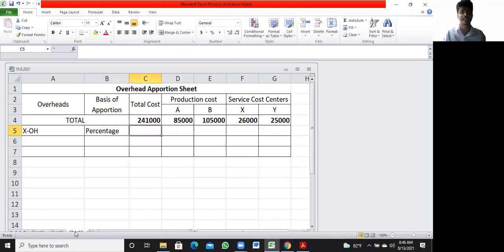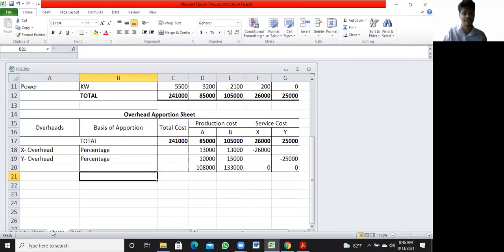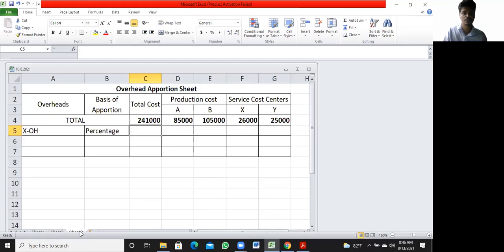Now the total cost belonging to X is 26,000. Here you can see 26,000. Now what we need to do, let's deduct 26,000 from X. Then we can allocate 20% for A.